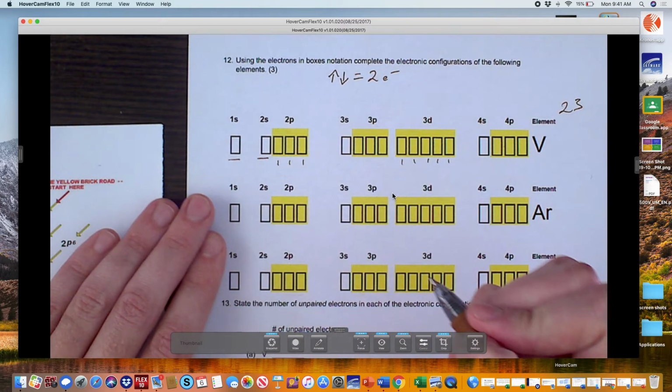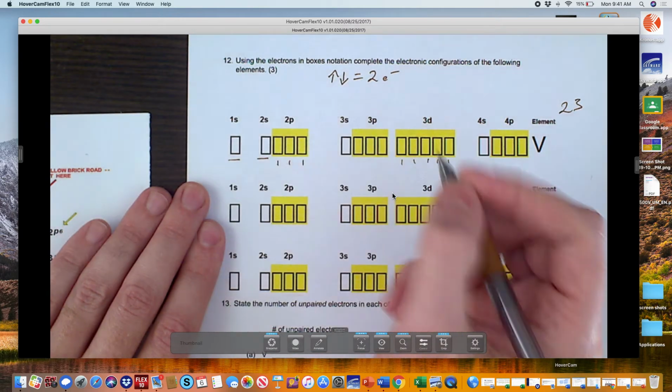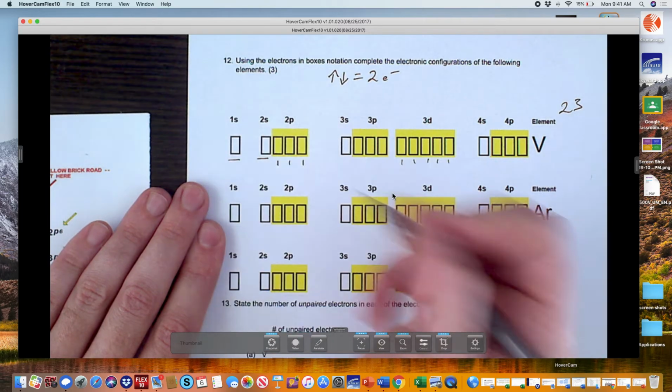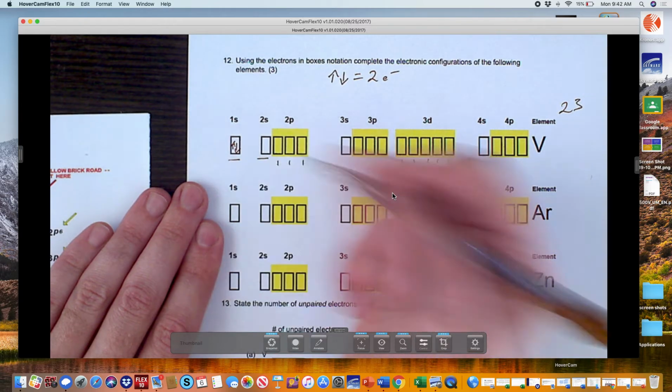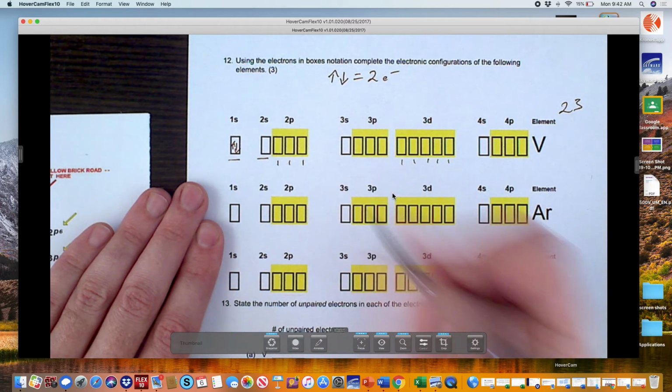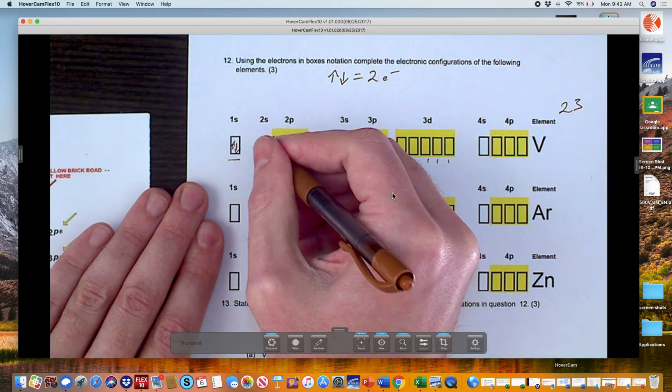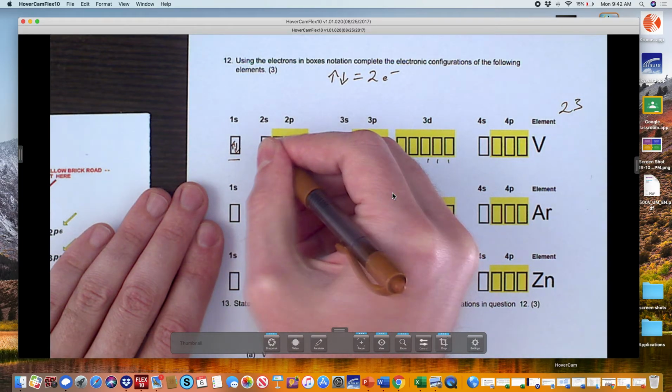Well, we are going to first fill 1s2, and it gets 2 electrons. So there's 2. And then we're going to fill 2s2. It also gets 2 electrons.